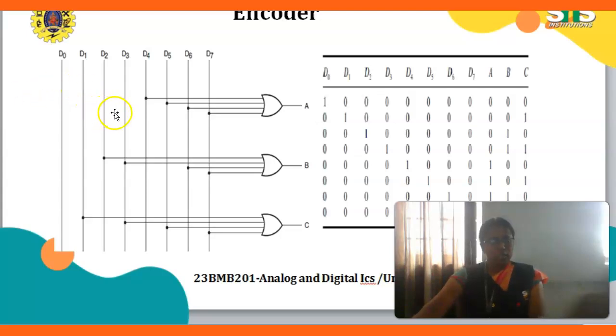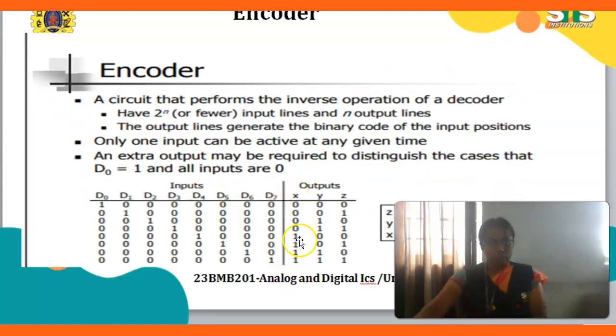From the truth table we draw the encoder circuit like this. It has 8 input lines, D0 to D7, and 3 output lines, namely A, B, C. According to this truth table, the circuit is drawn. In the first column, the inputs are 4, 5, 6, 7.